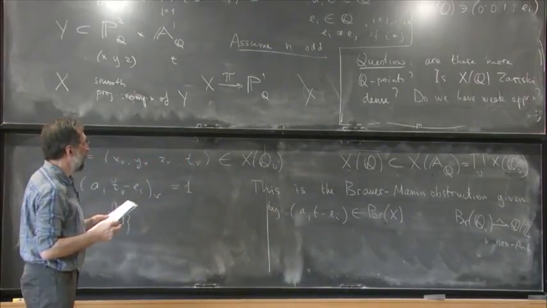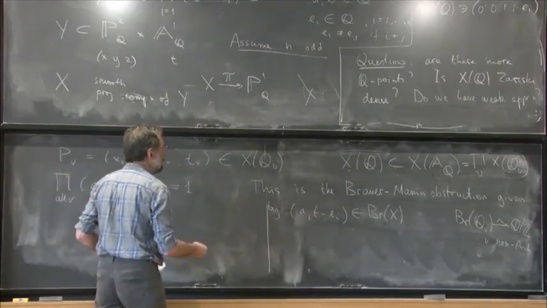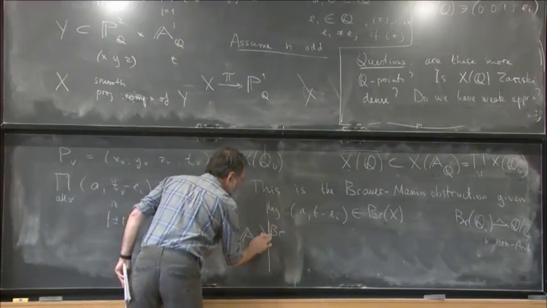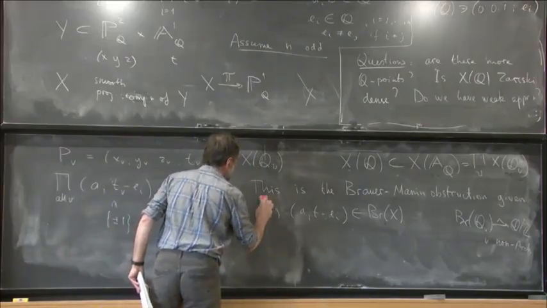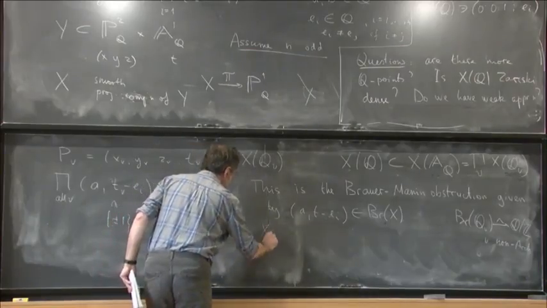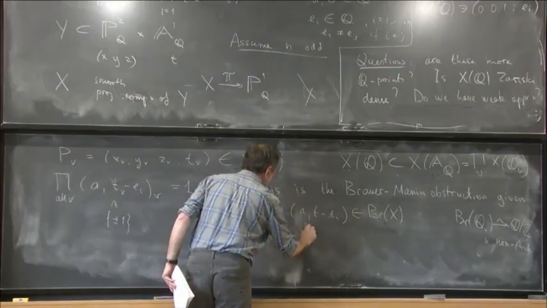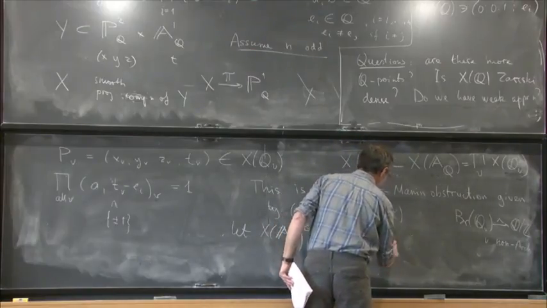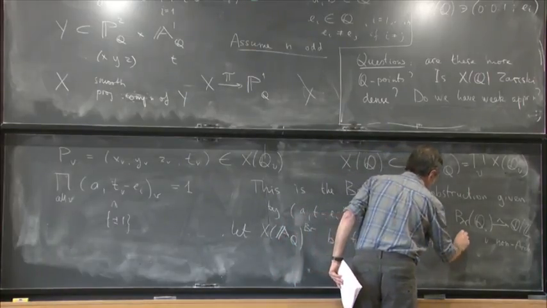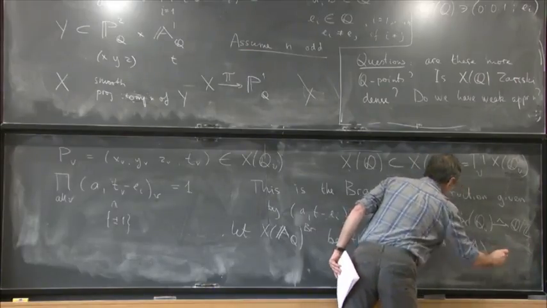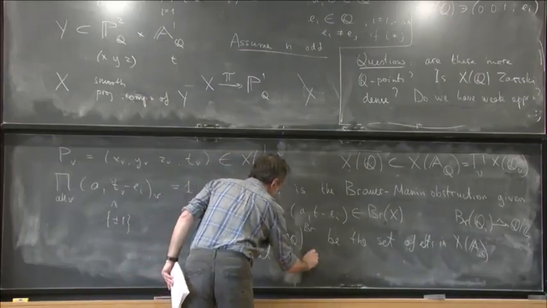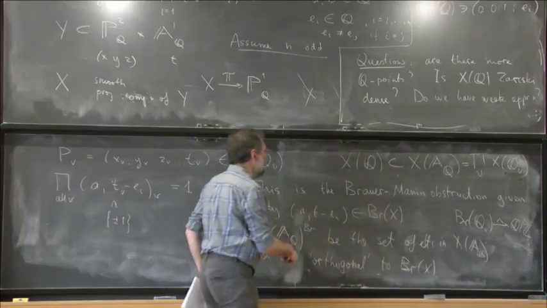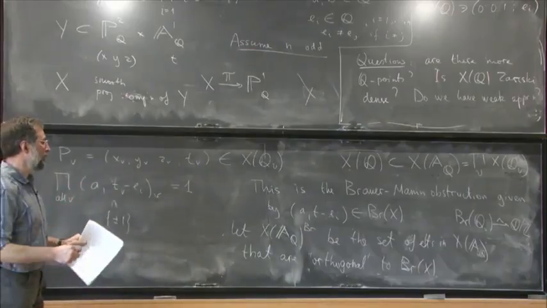So let me just denote by this the set of elements that are orthogonal, in this sense, to the Brauer group of X. So orthogonal in quotes means that the sum of local invariants of the specialized element of the Brauer group is 0.